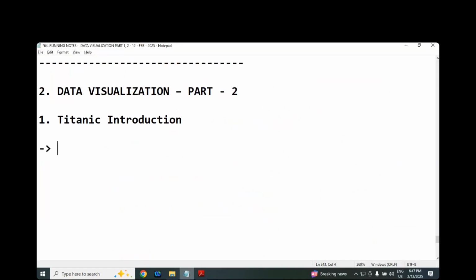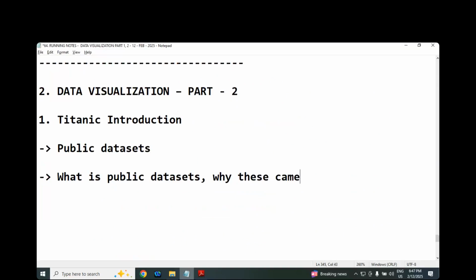You need to understand that in data science, we have public data sets. What is a public data set? It is a minimum 15-minute story. Why did these come into data science projects? Where are we using them?